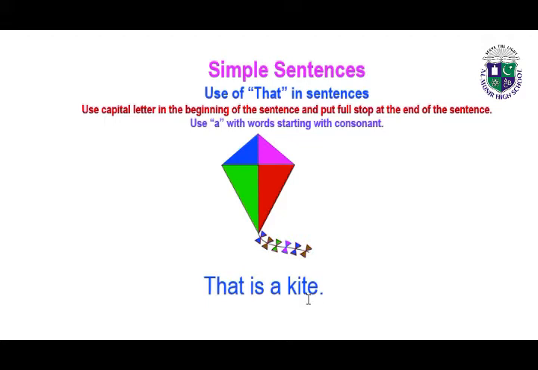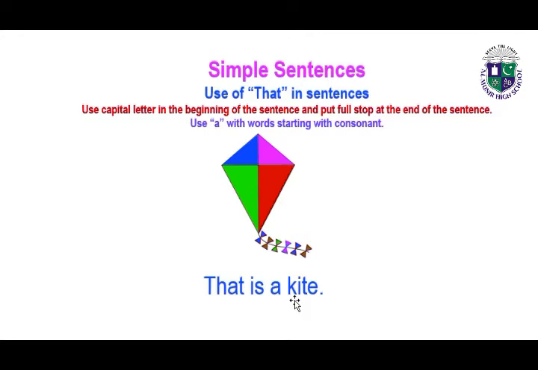Now we are using the word kite in a sentence. When we make the sentence of kite, we are using "that". When we start writing a sentence, we use a capital letter in the beginning and put a full stop at the end of the sentence. And remember what I told you before? We always use a with words starting with consonants.